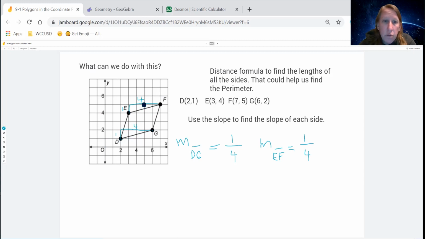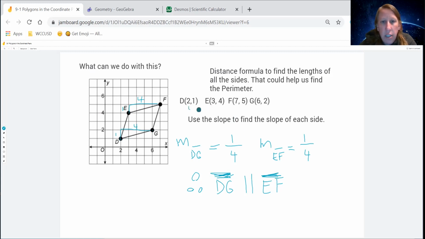Okay, I just proved, therefore, line segment DG is parallel to line segment EF. This is how you could use this to win your argument, right? I know the slope formulas. I basically used these numbers.